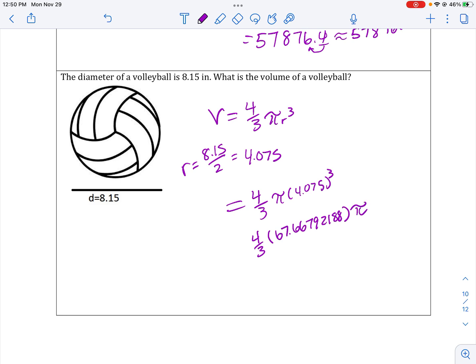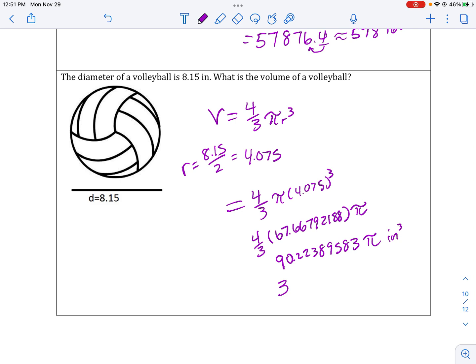And then we're going to times that by 4/3. And there would be in terms of pi. It does not say what to use. So I could leave it in terms of pi like this, or I can take that number and multiply it by pi.